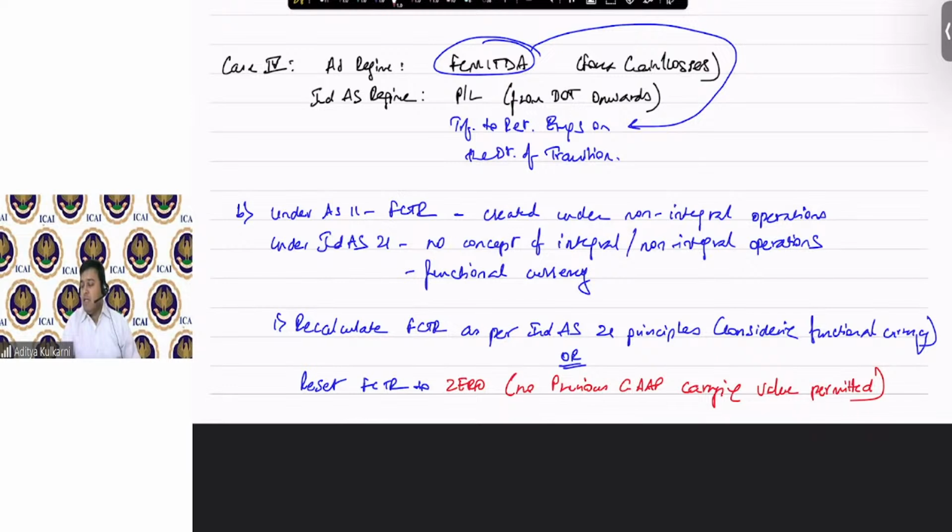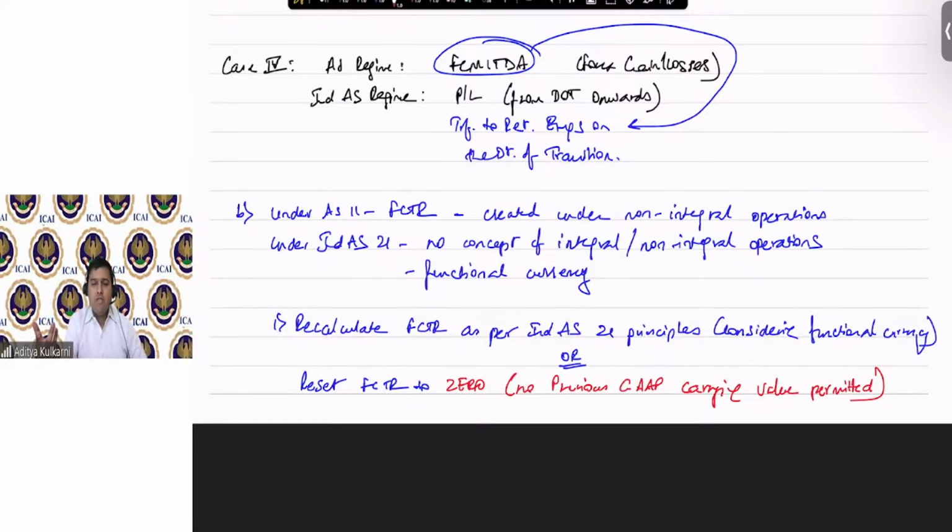Similarly, I cannot continue with this FCTR because the principles of computing FCTR were totally different. Why only non-integral? Why not integral operations? Sir, AS 11 said so, but Ind AS 21 does not say that. So if you want to have FCTR in your books, please follow Ind AS 21 principles and restate the FCTR. Otherwise, there is the second option: you reset the FCTR to 0.